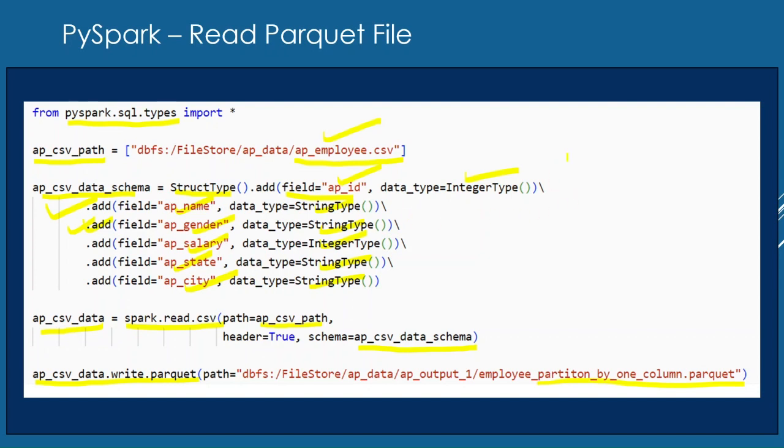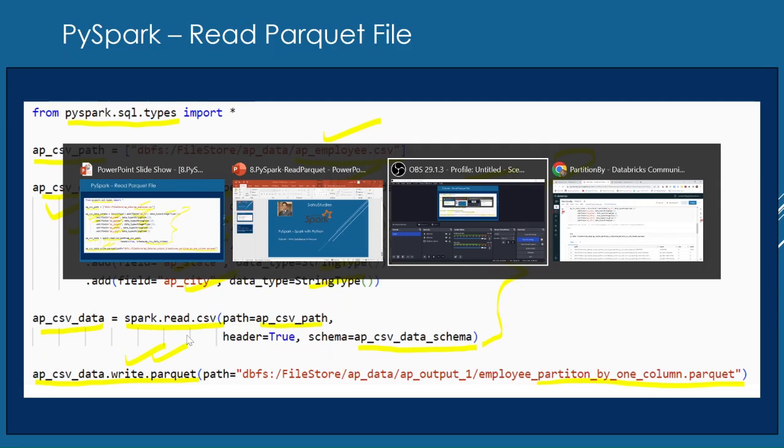To save time, I am going to copy the code till here, the creation of a data frame by reading the CSV file from my previous exercise, and I will show you in this exercise how we are going to write a data frame to a Parquet file. So let's go to the Databricks.